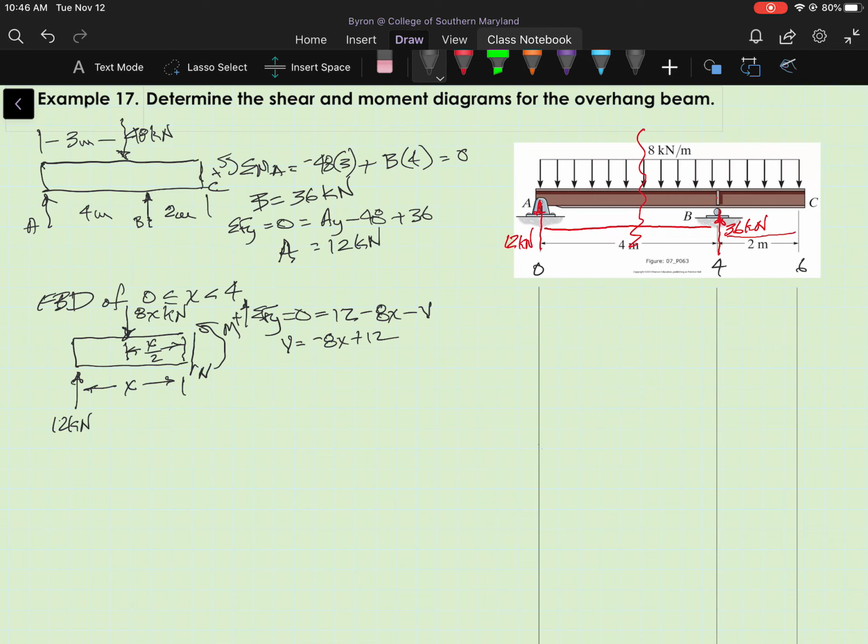To do that, I'm going to establish an x-axis, and so this is x. This is where x equals 0. It's consistent with my numbers up under the beam.